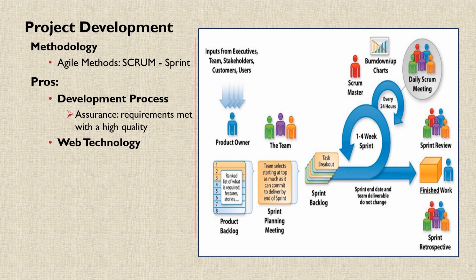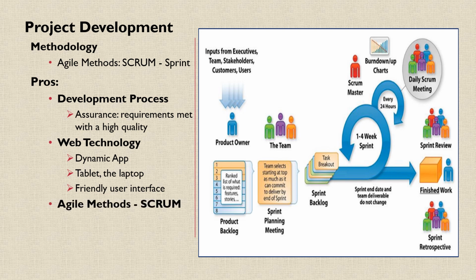Also, Team 1 is using web technology because it can run a dynamic app on several devices, operating systems, and browsers, such as laptop, tablet, and desktop, with a friendly user interface and interactive use of the Dine app. Also, the team is using Agile Scrum to reduce major risks by incremental steps in the short time interval of a sprint, which is very flexible and efficient in dealing with change.